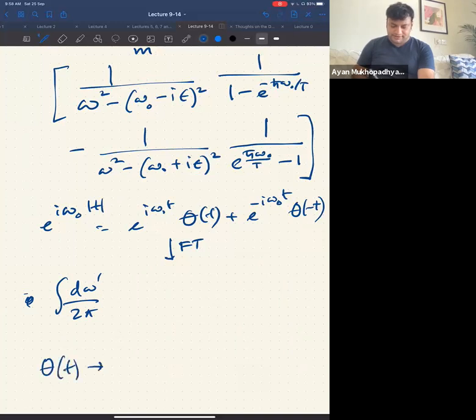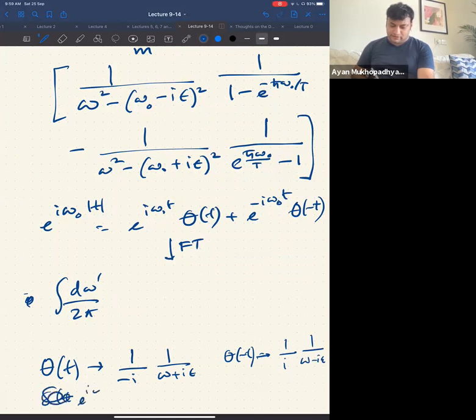The Fourier transform of θ(t) is 1 by minus i, 1 by ω plus iε. And the Fourier transform of θ(minus t) is 1 by i, 1 by ω minus iε. And e^{iω₀t} would have the Fourier transform 2π δ(ω plus ω₀), and like that.